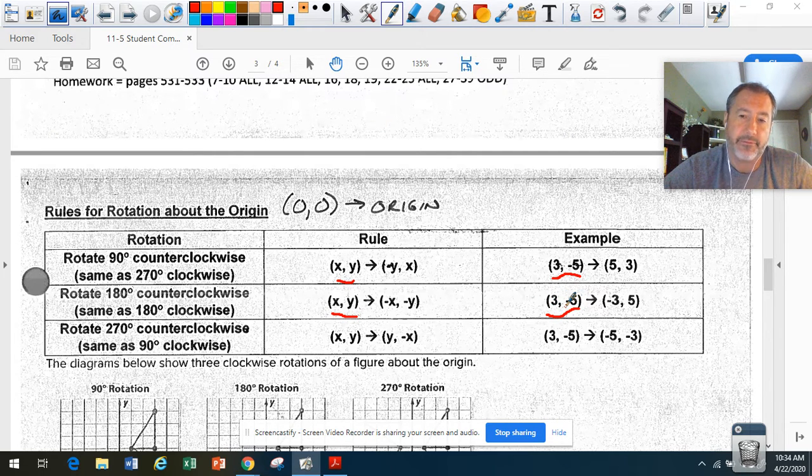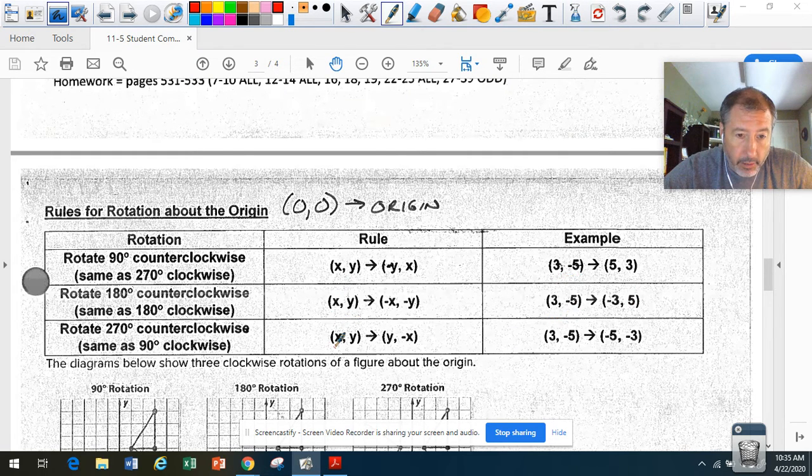We got to do the opposite. What's the opposite of 3? Negative 3. What's the opposite of negative 5? Positive 5. So our new location, when we rotate 180 degrees counterclockwise or clockwise, is going to be negative 3, 5.